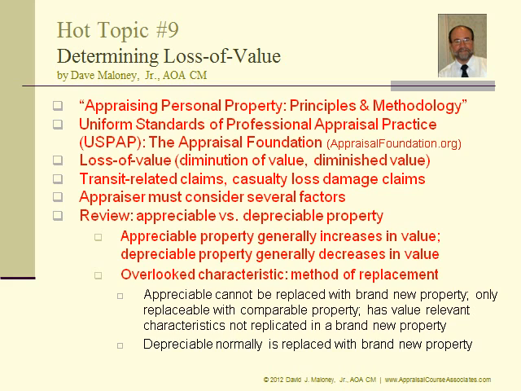Appreciable property cannot be suitably replaced with a brand new property. Appreciable property can only be replaced with a comparable property, a property that is comparable in terms of type, age, quality, authorship, condition, and that has other value-relevant characteristics that are comparable to those of the property that is being replaced.